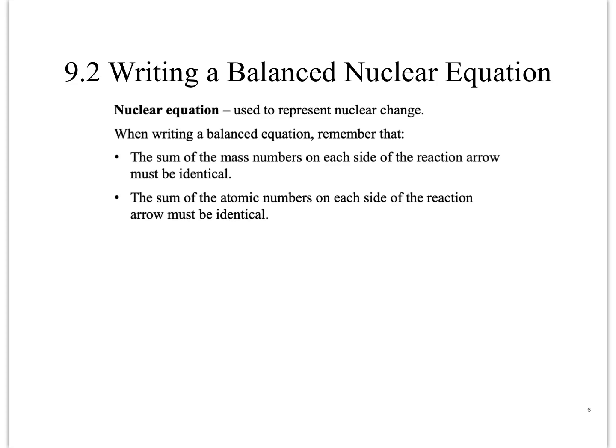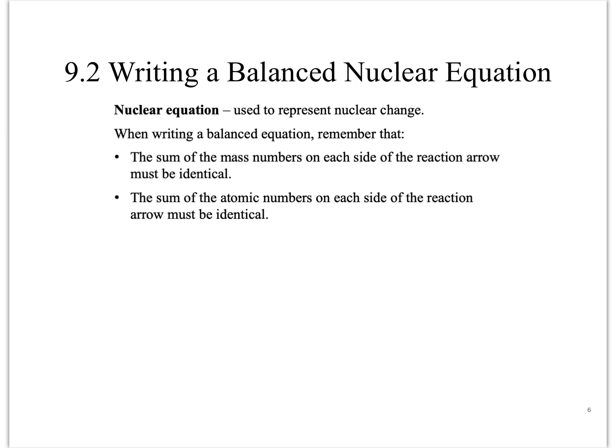Now we know that radiation comes from the nuclear reaction, so we now need to learn how to write a balanced nuclear reaction. A nuclear reaction represents a nuclear change, that is a change inside the nucleus.